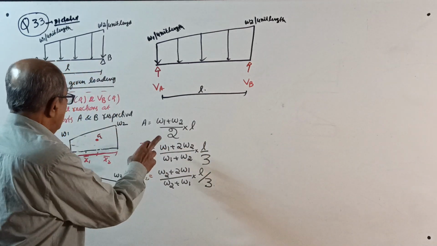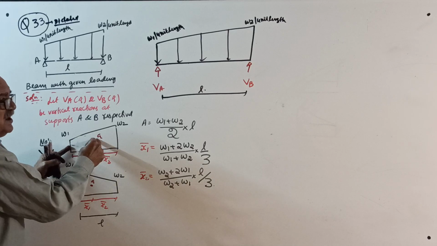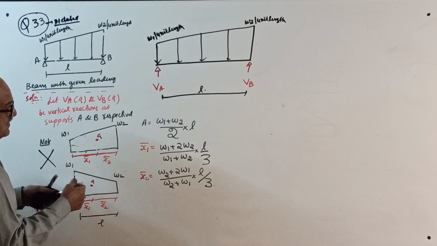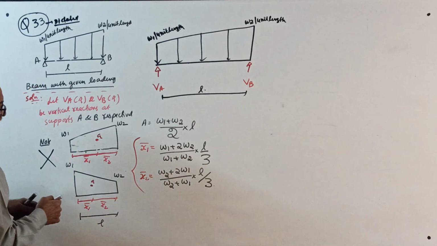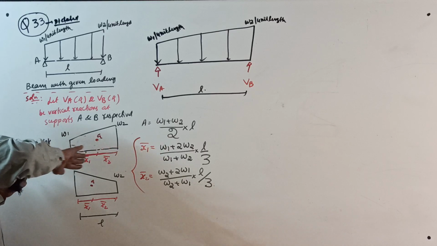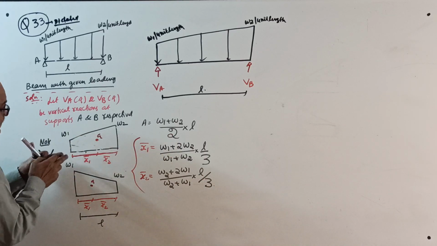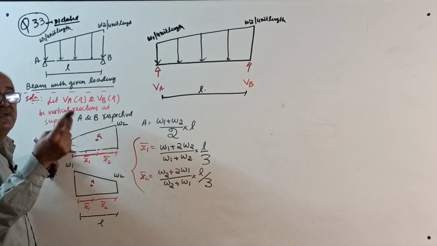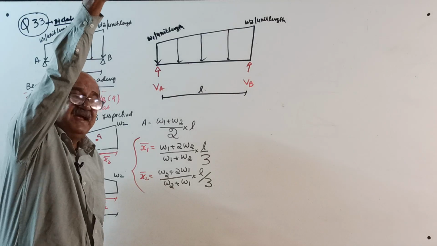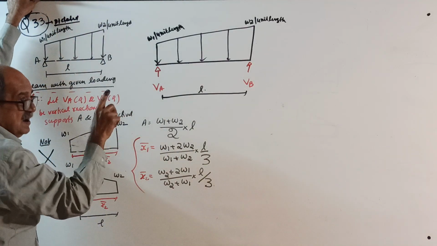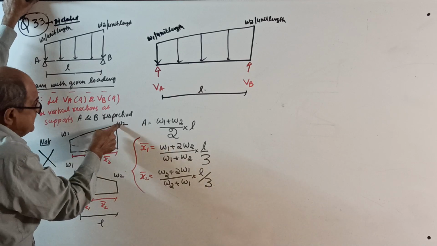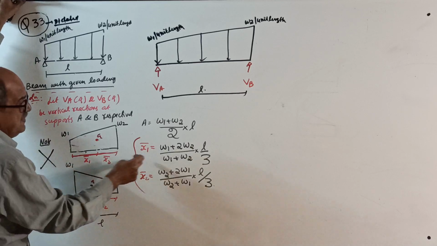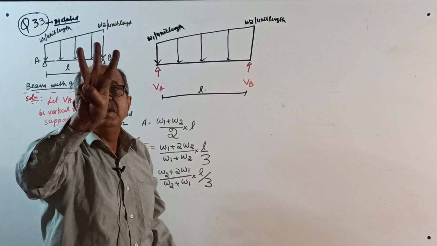L. That is area. Now, if you want the centroid location from the left end, this is for both the cases. The centroidal distance from this side: W1 plus twice of the other side, twice of W2, divided by W1 plus W2, into the distance between the two parallel sides divided by 3.